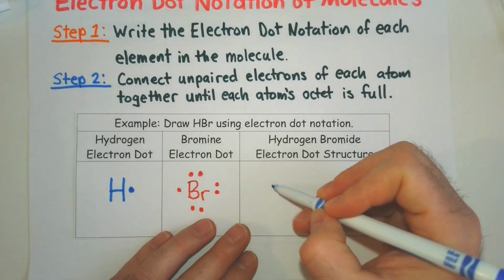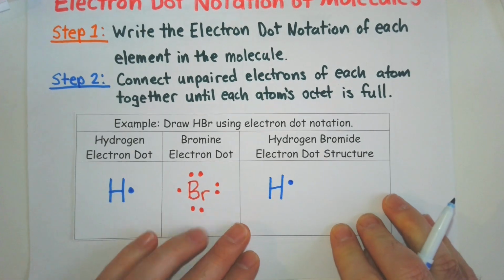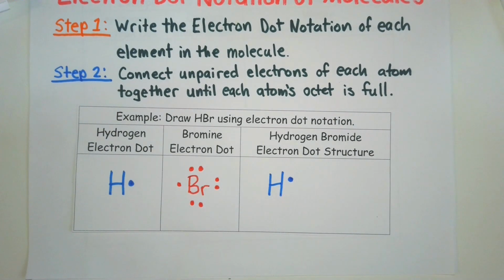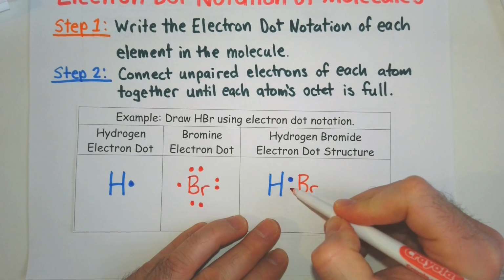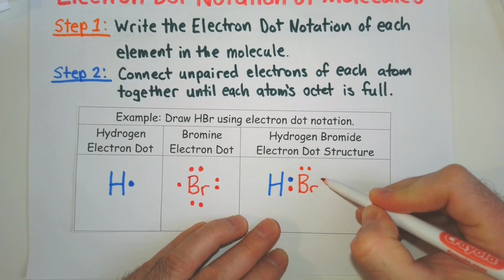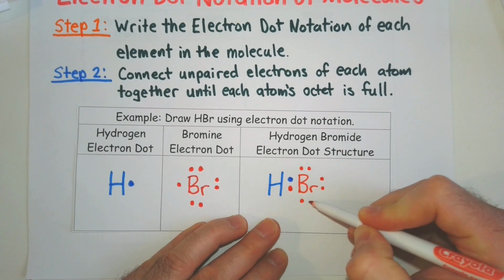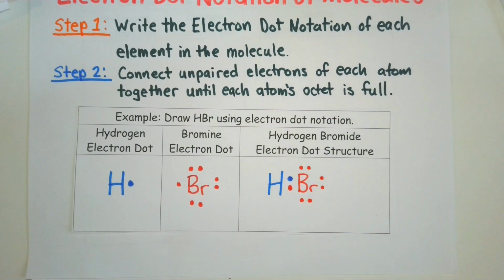So I'm going to write our hydrogen electron dot notation. And so if I want to draw the structure of hydrogen bromide, HBr, then I am going to set them side by side, and the unpaired electrons will be together, and that's what forms a bond. In a chemical bond, there are 2 valence electrons being shared for covalent bonds.